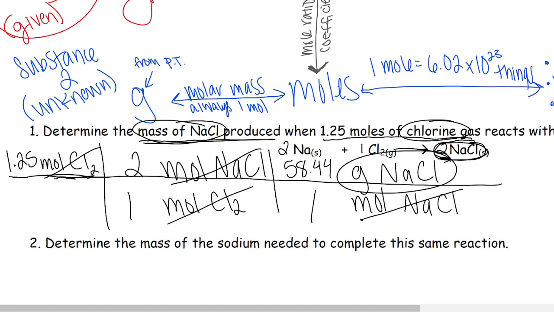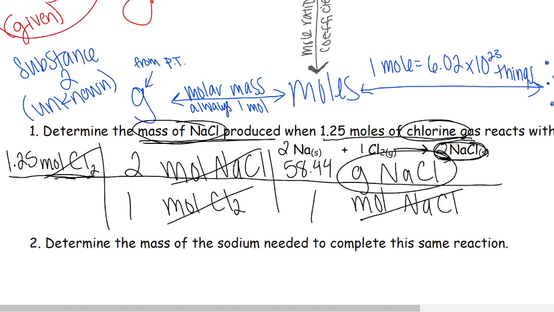And then all I need to do to solve this is type in 1.25 times 2 times 58.44. So this times this times this. Again, if there were numbers on the bottom, I would need to divide by each of those, but there is nothing on the bottom that would change my answer. And if you're not sure whether it's going to change your answer or not, there's no harm in typing it in.